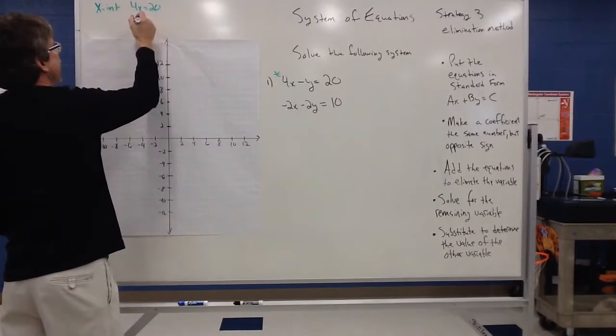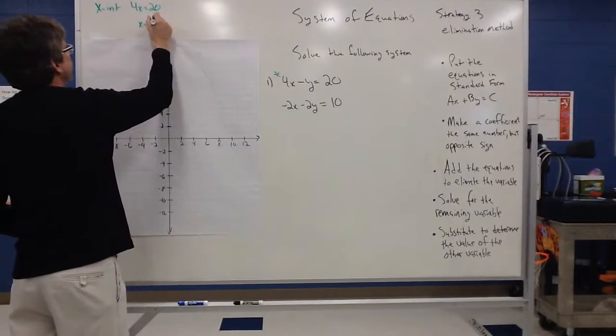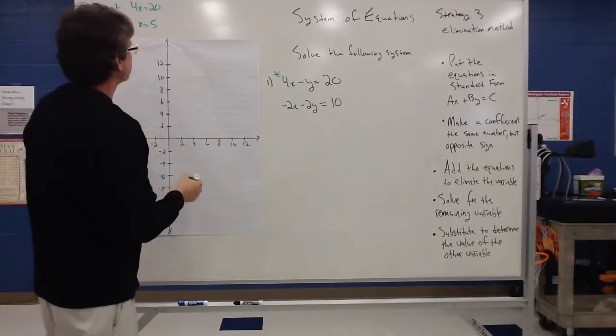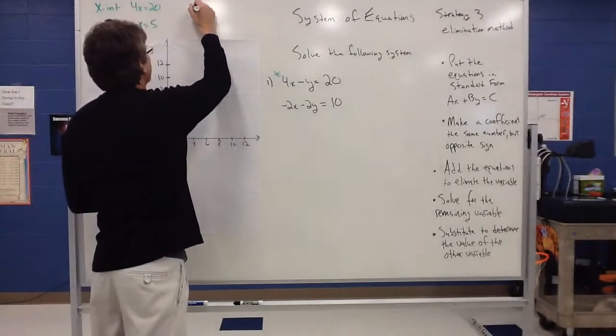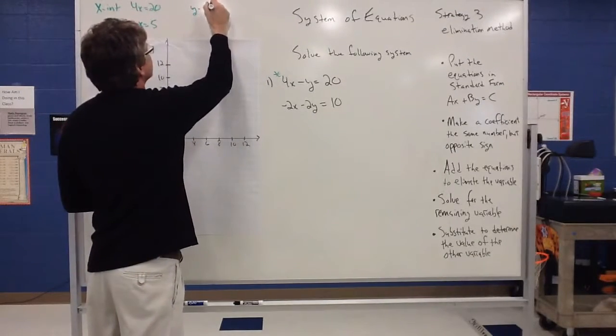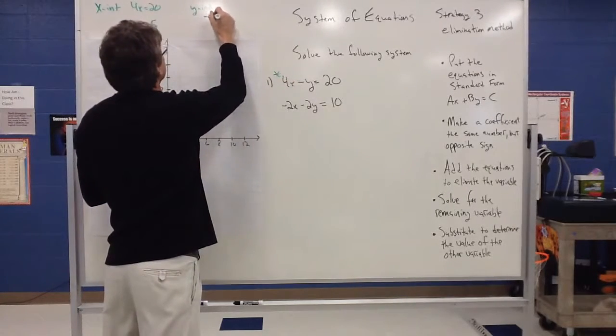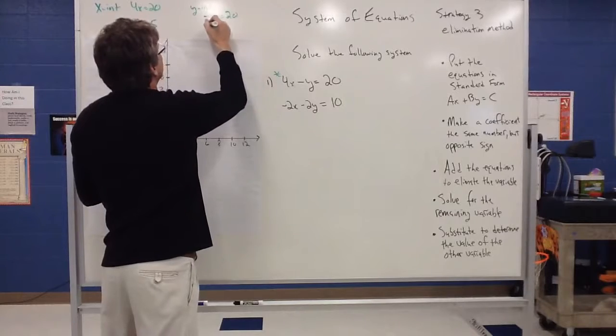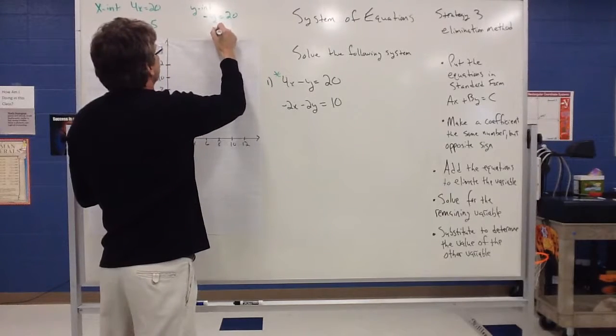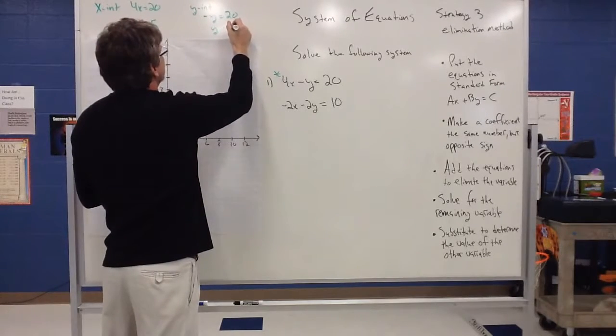And divide by 4, we get x equals 5. That's going to be our x-intercept. To find our y-intercept, we set x equals 0. We get negative y equals 20. So we'd have y equals negative 20.